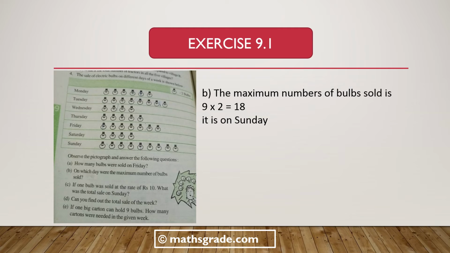Now B. B is on which day were the maximum number of bulbs sold. Maximum number of bulbs sold is on Sunday. 9 pictograph images were sold on Sunday, and 1 pictograph bulb image is 2 bulbs.